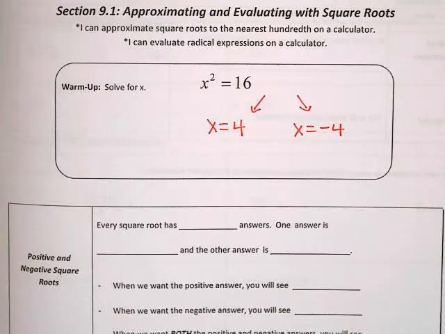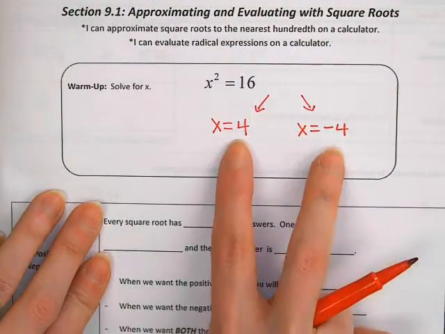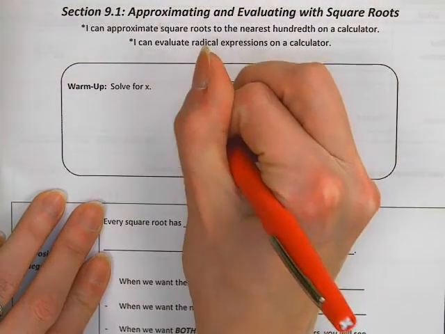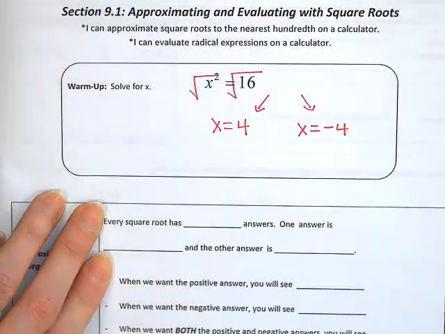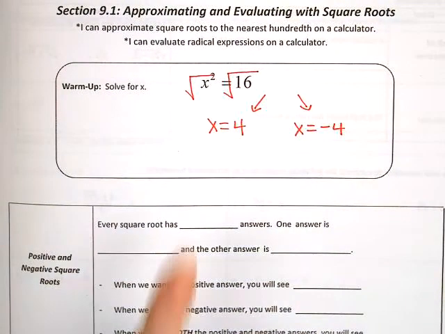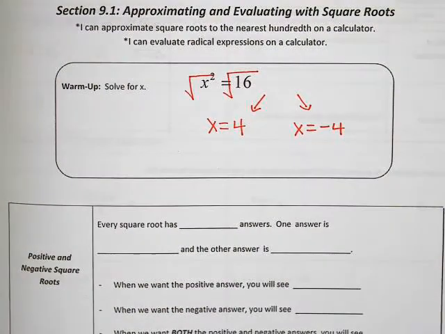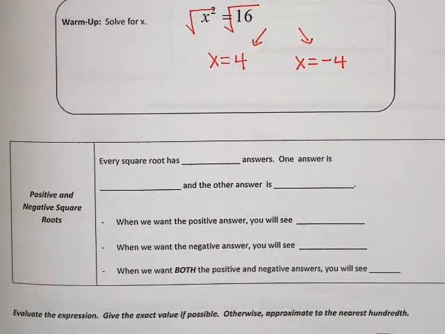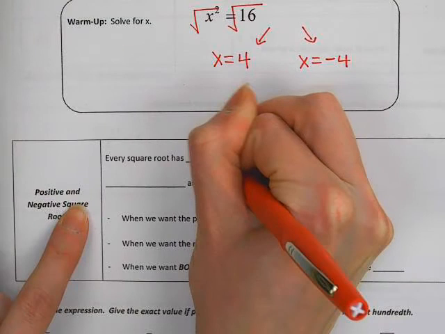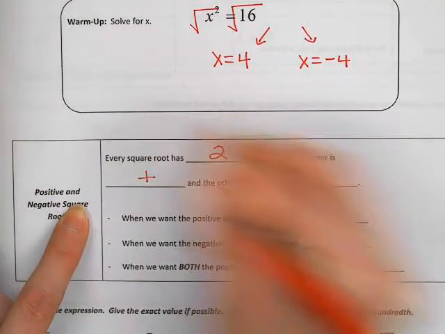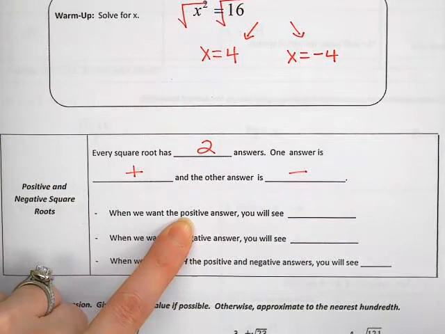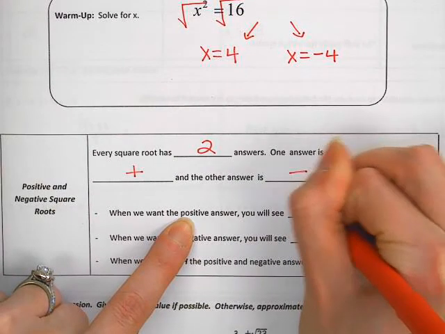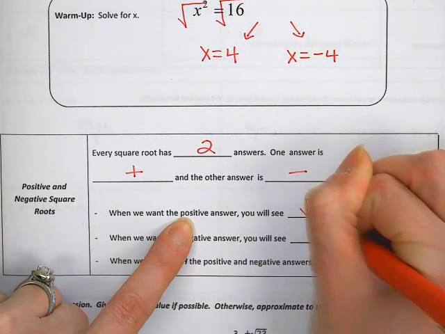Okay, so it turns out that how you get these two answers is you do something called you square root both sides. And when you do that, you always get two answers. Okay, so every square root has two answers. One is positive and one is negative. When we want the positive answer, you will only see the square root and the number.